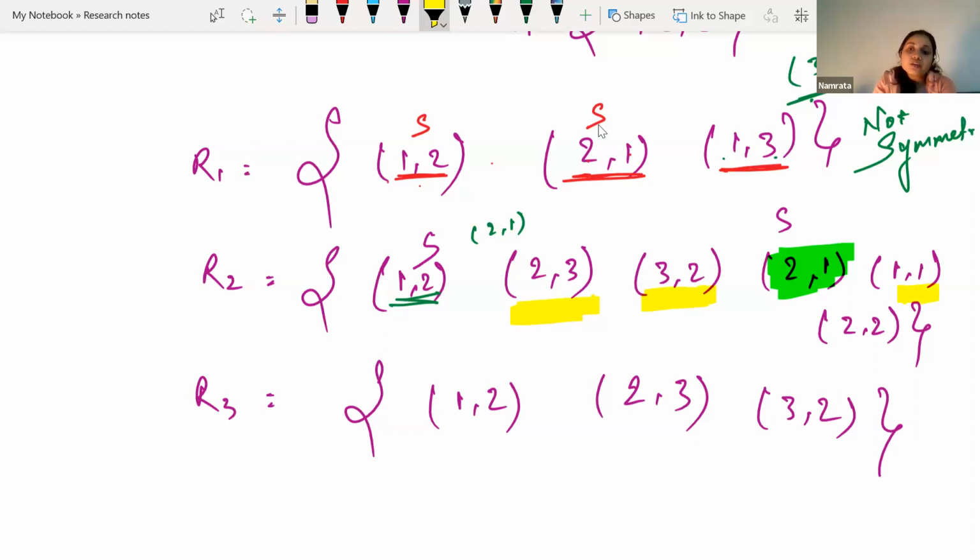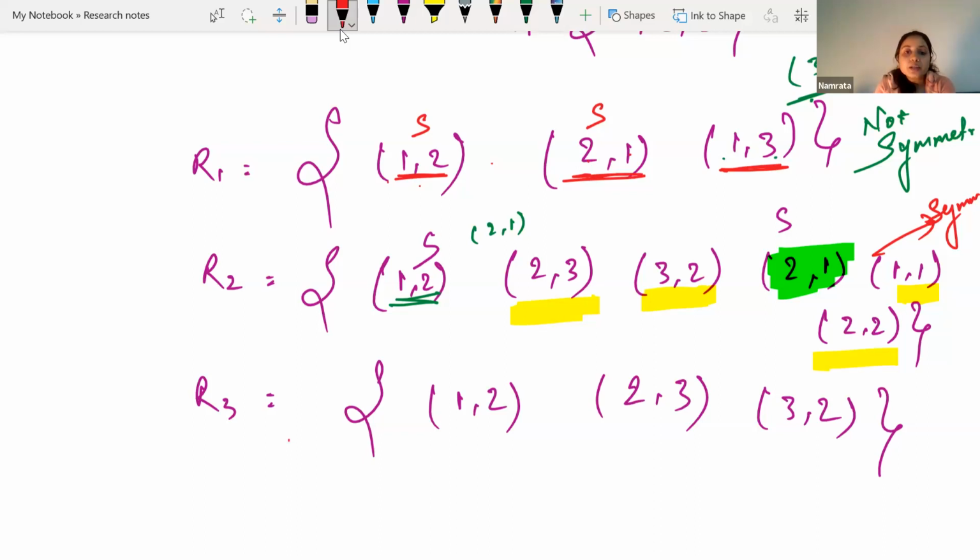Now the next ones, (1, 1) and (2, 2), we don't need to check. So yes, it's fulfilling the criteria of a symmetric relation, and we can say R2 is a symmetric relation. Whenever we have (1, 1), (2, 2), (3, 3), (4, 4), we don't have to check whether it is symmetric or not.